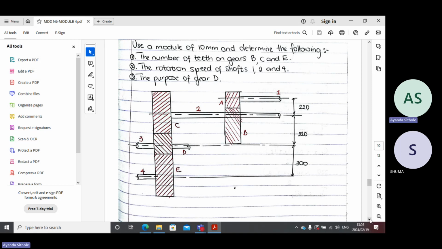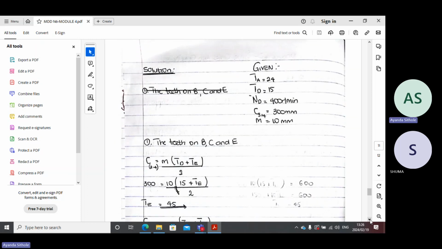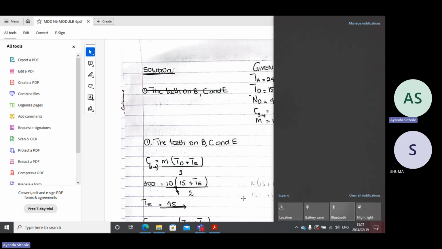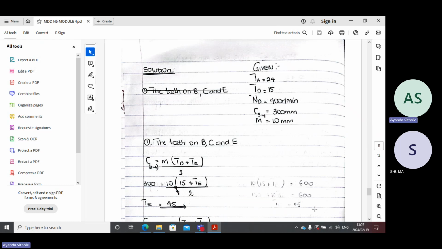That is why on this formula we have TD plus TE, because they are connected in the same shaft. So the center distance for 3 and 4 is equal to 300, which is given, and we have the module of 10, which is given as well.